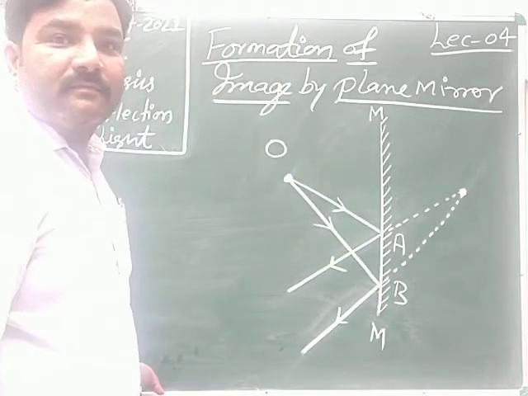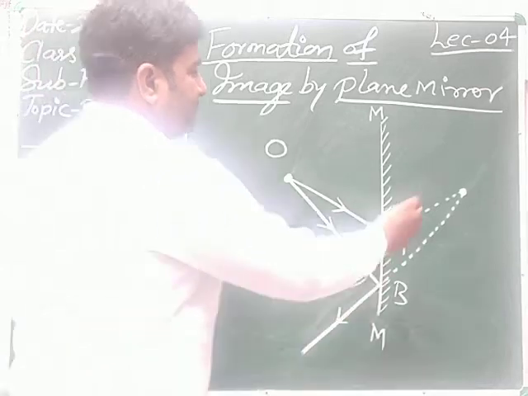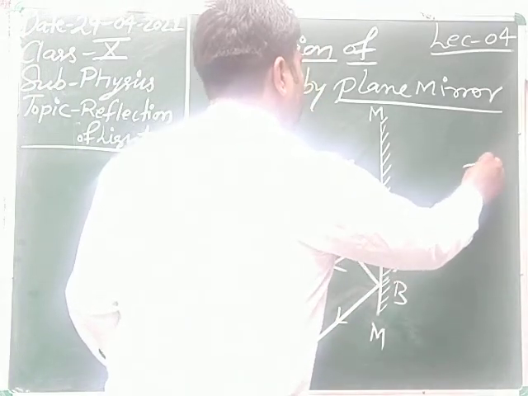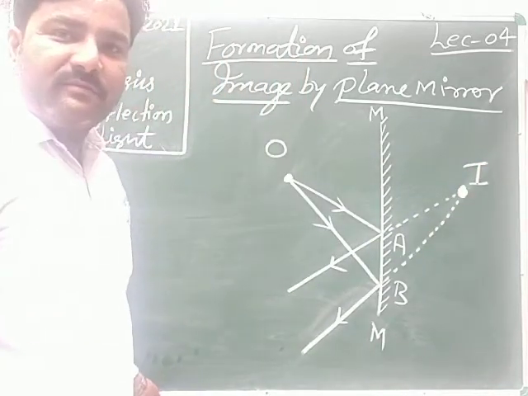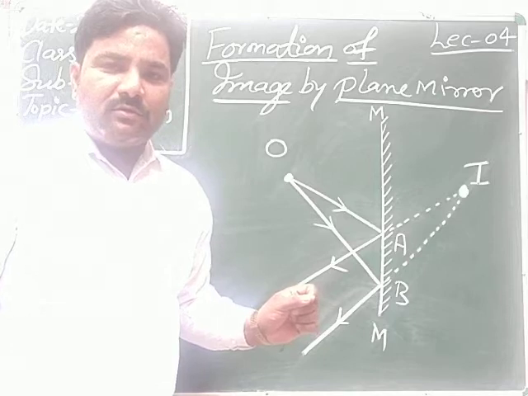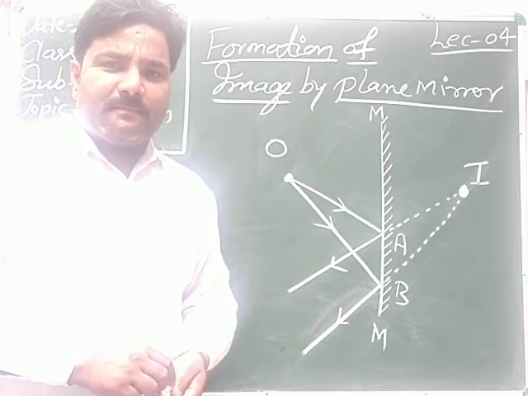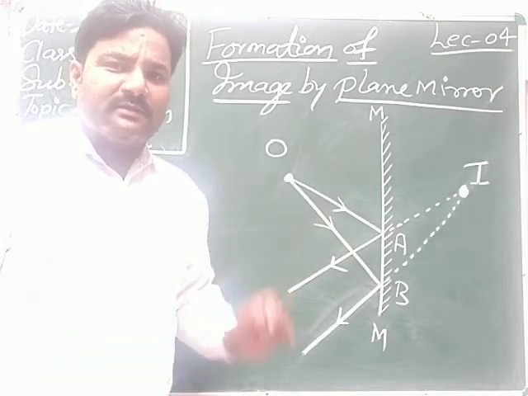Clear? This is the object and this one is the image, I. In the same way, you can also construct the image formation for an extended object, that is an object having some length.